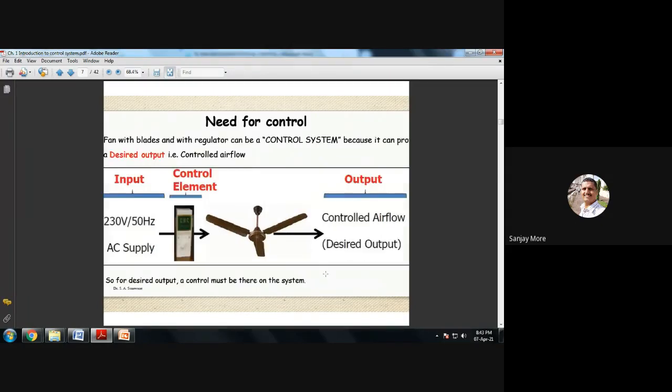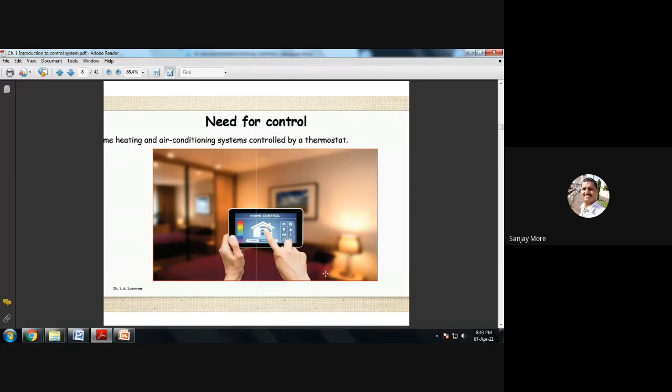Okay, see one example, another detail in the control system. So the control system is the basic need or backbone of any instrument or any machine. Also see the heating and air conditioning controlled by the thermostat.